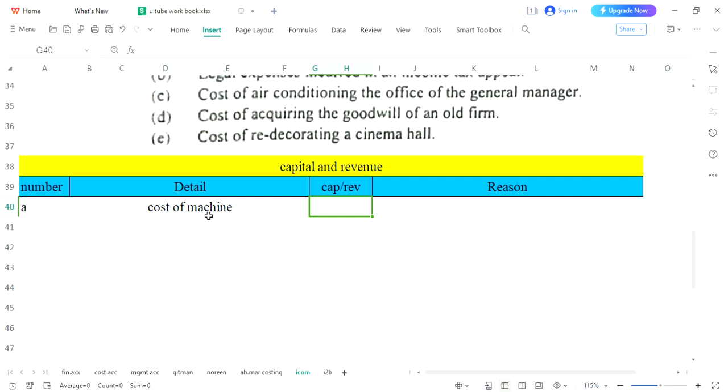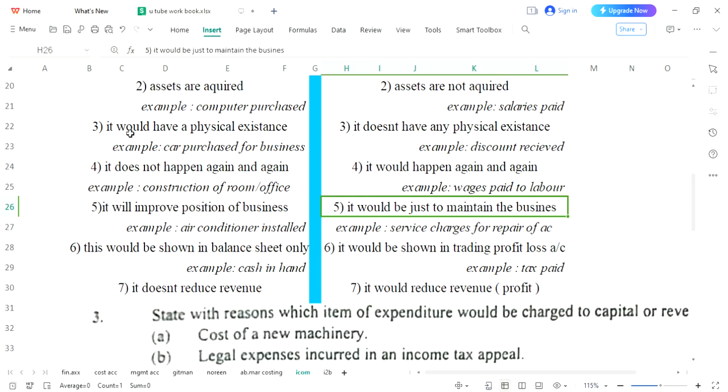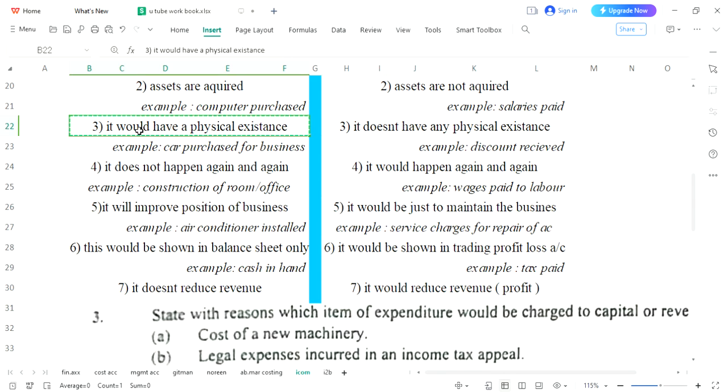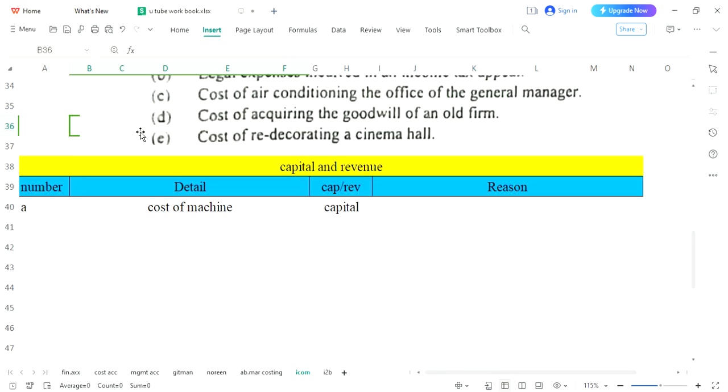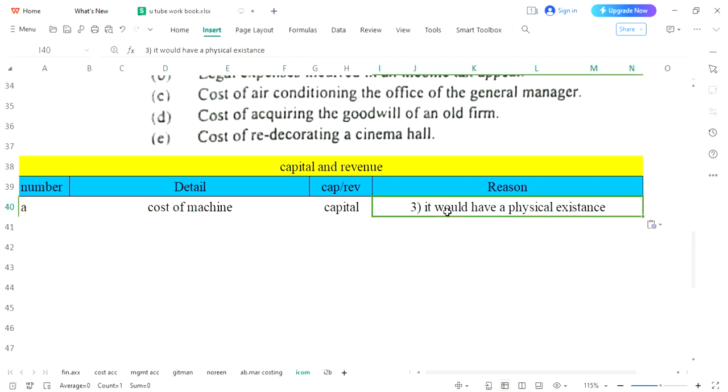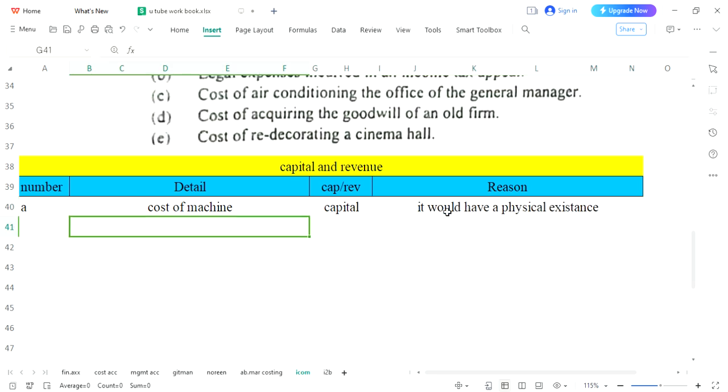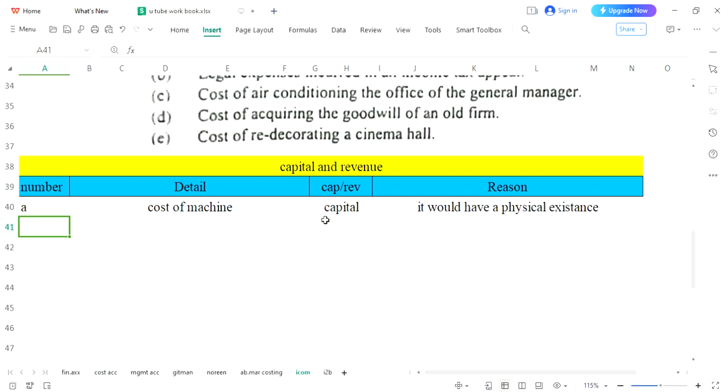It would not be replaced for a longer period of time, sometimes 10-15 years. So we call it capital. One of the reasons we have discussed is that machine has physical existence, and the same reason you will be posting over here, and that's all. This number is not needed, we are deleting it. So machine purchase, capital expense.